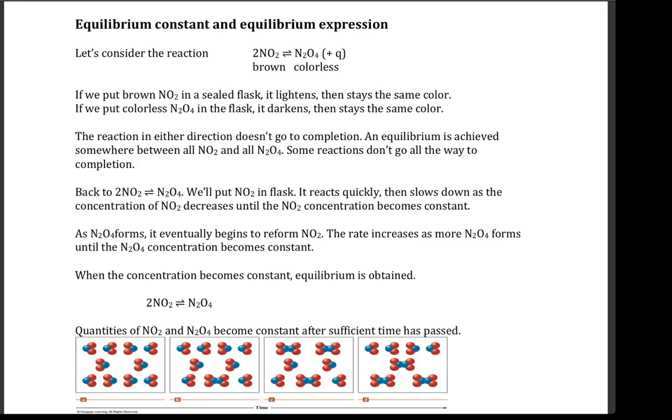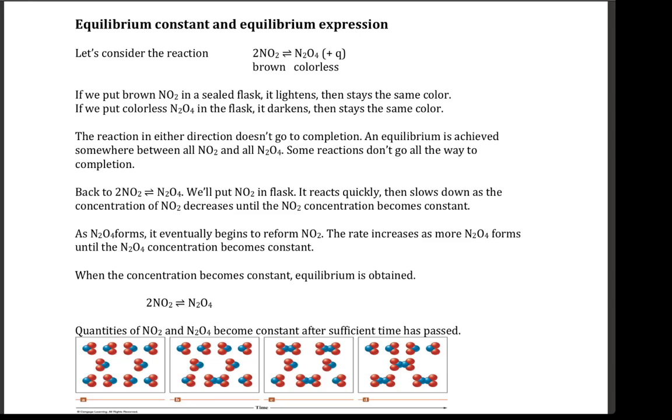The reaction in either direction doesn't go to completion. What we call an equilibrium, a steady state, is achieved somewhere between all NO2 and all N2O4. Some reactions don't go all the way to completion, and these would be referred to as equilibrium reactions.